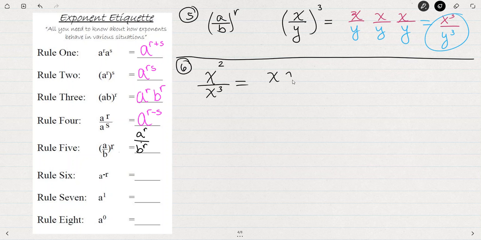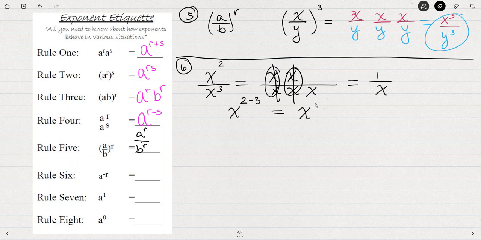Now, if I simply expand this, I'd have 2 x's in the numerator, 3 x's in the denominator, and I can see that the 2 subtract away. They divide out, so we're left with 1, but that 1 x is left in the denominator. Now, if I applied rule number 4 to this, I'd get x to the 2 minus 3, which is x to the negative 1.